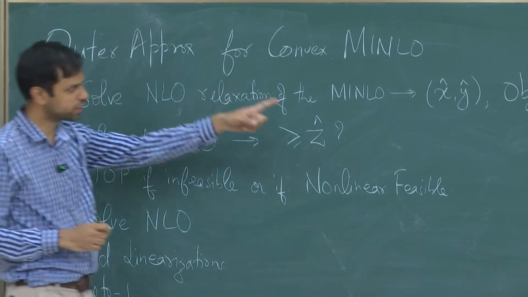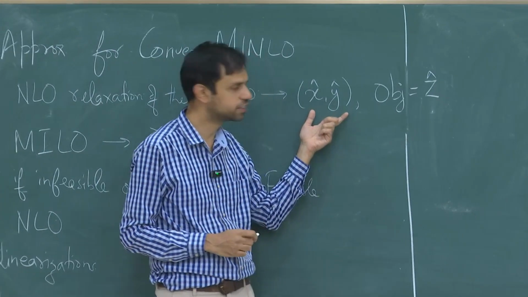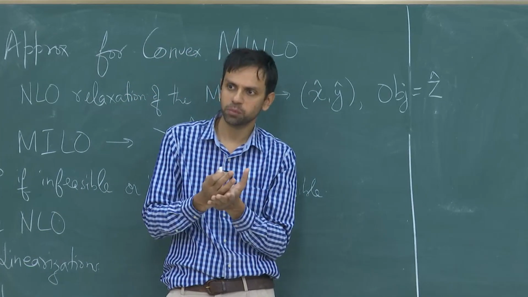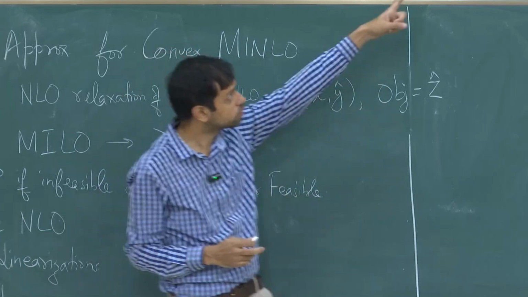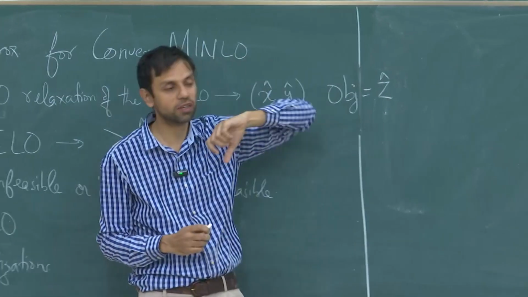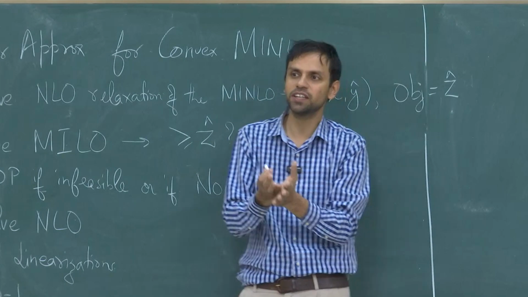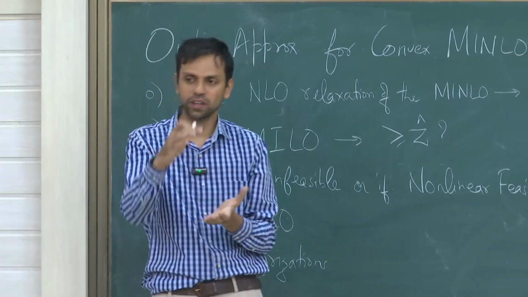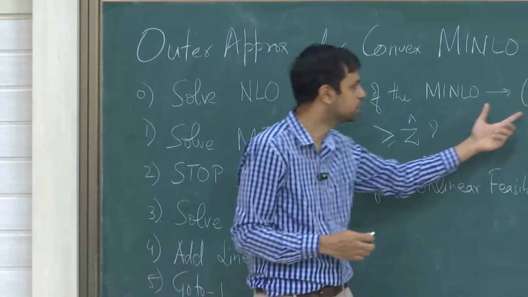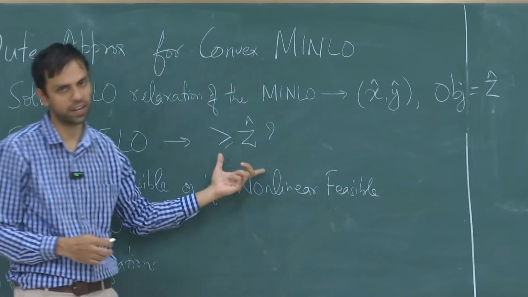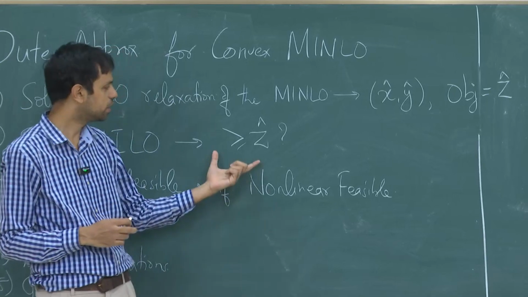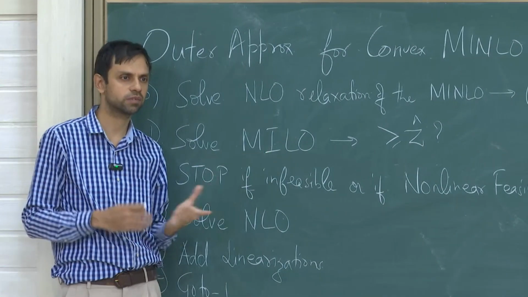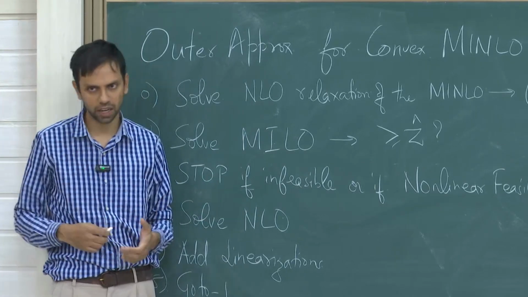So same result. Okay, so you get this KKT point x hat, y hat. You add linearizations at that KKT point. So then this optimality lemma says that once you add those linearization inequalities, all the points must have objective value z hat or higher. Okay, and then if we add even more restrictions of integer variables, the value will be even higher.